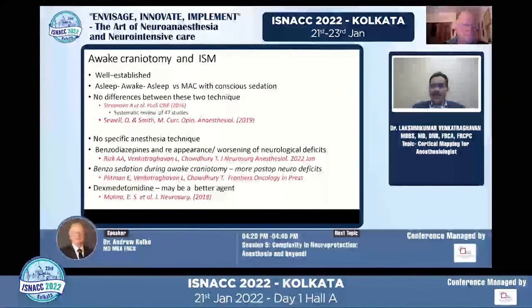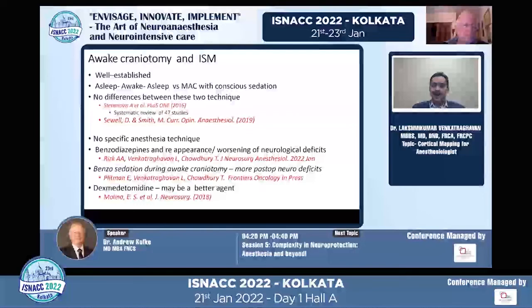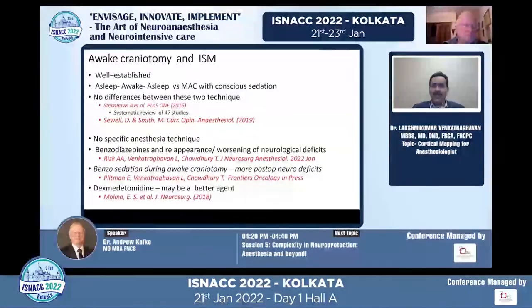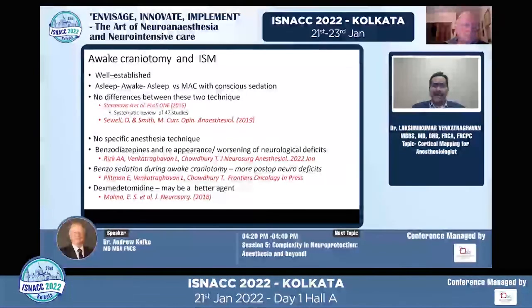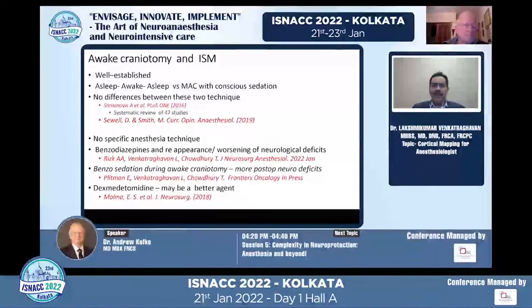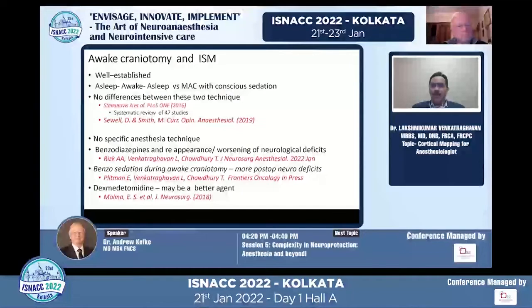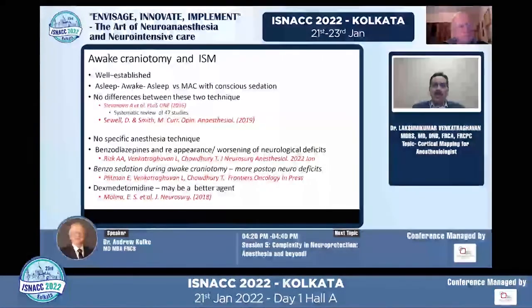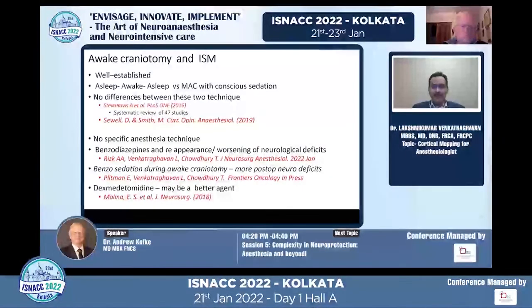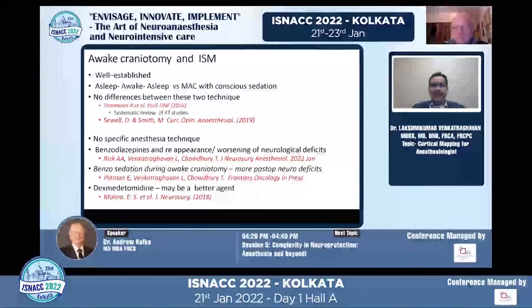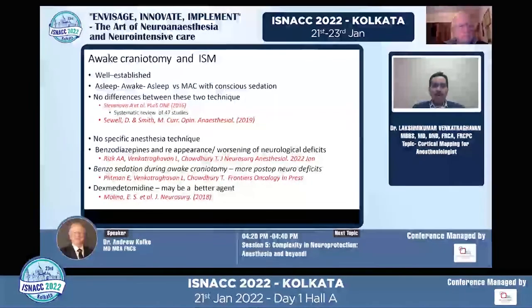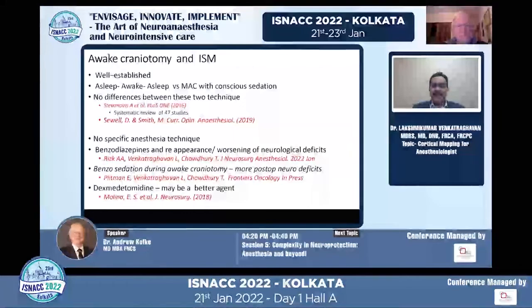Similarly, for the individual choice of agents, no specific technique has been recommended. Whatever is institution-specific, whatever one is comfortable with, seems to be the best choice of anesthesia for intraoperative stimulation mapping. Just a word of caution: benzodiazepines and opioids can cause a reappearance or worsening of a neurological deficit.